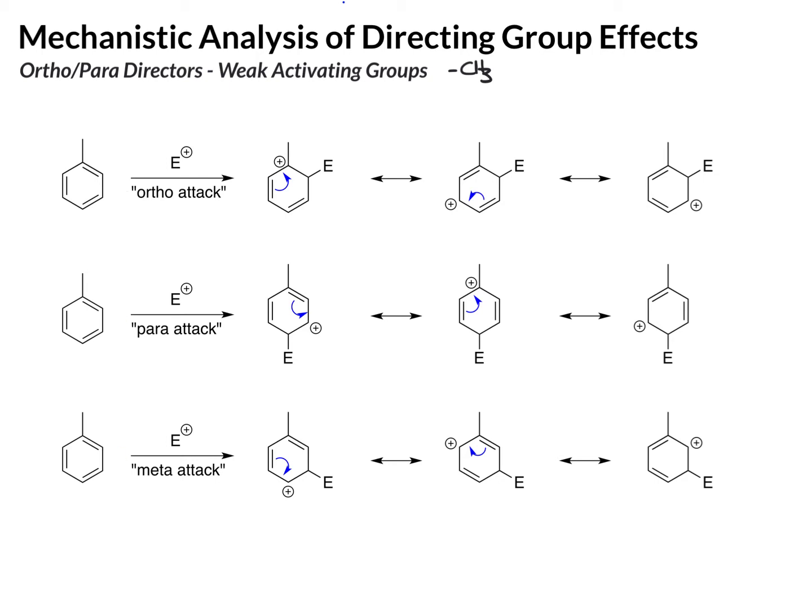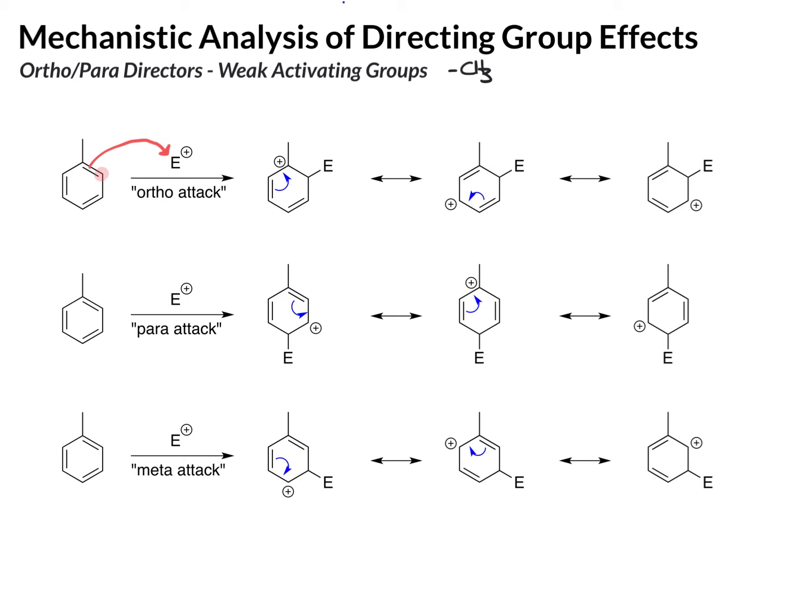So for ortho attack, what we want to do is end up putting the electrophile at one of the ortho positions. So I'm going to take this double bond on top, put my pencil down there, and draw a curved arrow to the electrophile. That gives me the electrophile right here and the carbocation here.